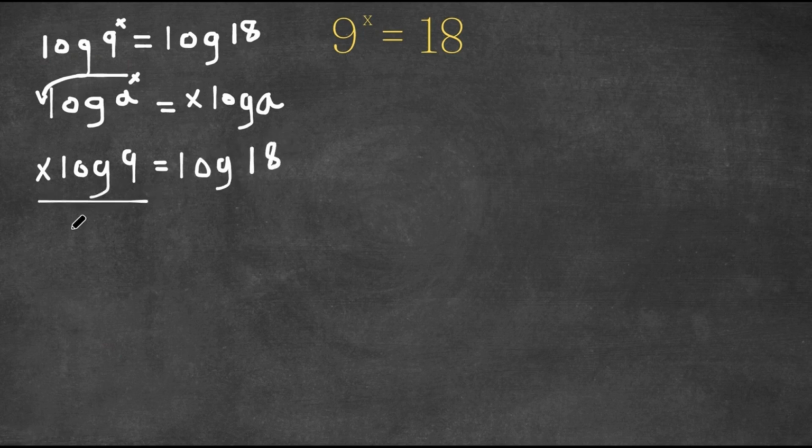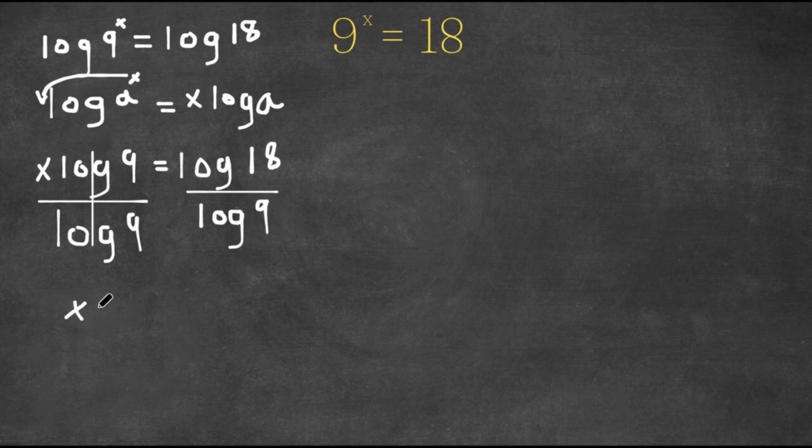Now, if I divide both sides by log 9, these two cancel out, and I get x is equal to log 18 over log 9, which is the same thing as log 9 times 2 over log 9.